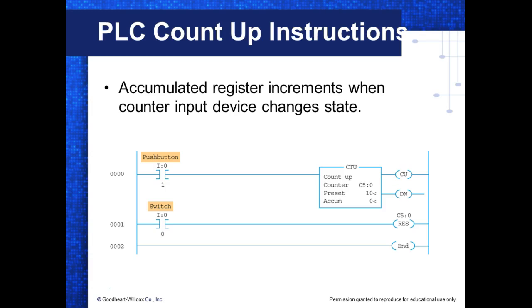So this is an up counter. Here's our enable, and it's not only our enable, it's also our count. This is the address for the counter, C5:0. If I'm using C5, it could go all the way up to 255.